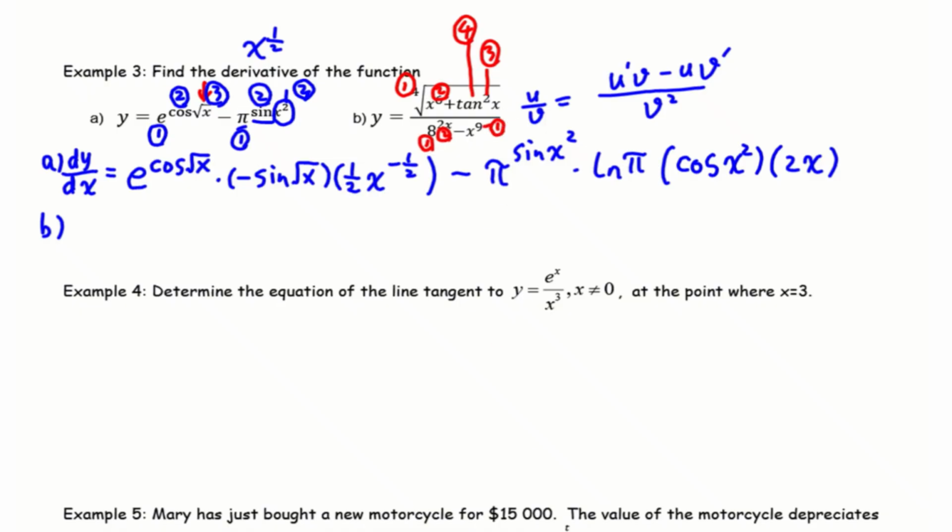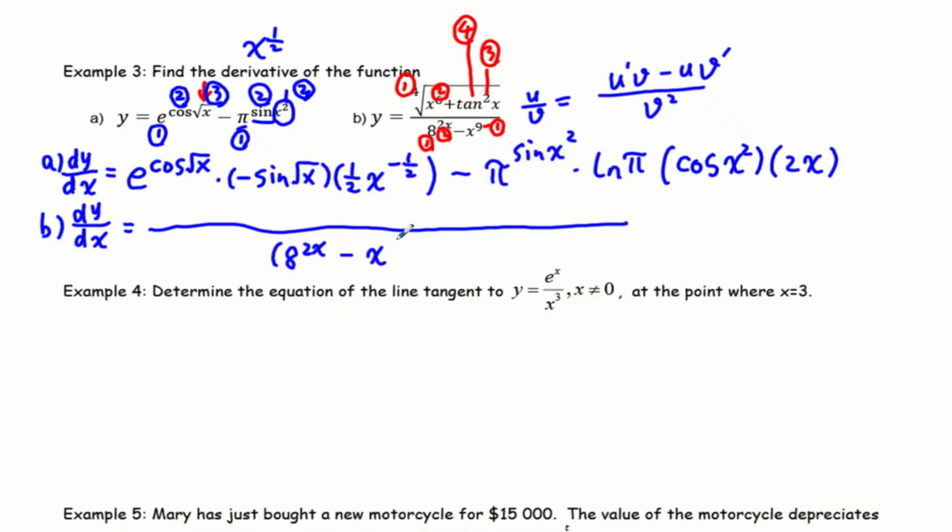Okay, so now we are going to do the derivative. So dy over dx equals the denominator squared, (8 to the exponent 2x minus x to the exponent 9) squared. Then u prime. This is 1 over 2.